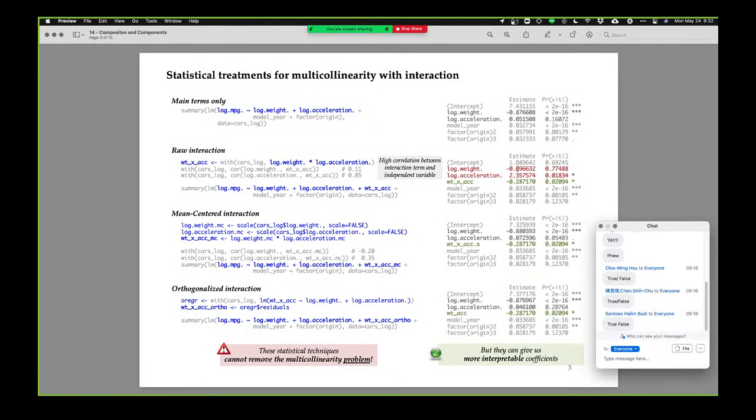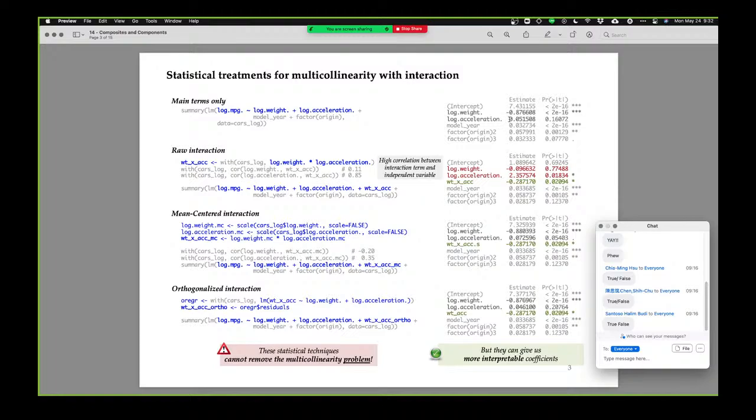But even the small correlation itself has produced a huge difference in terms of what has happened to weight. In fact, it's had a really big effect, even with a very small correlation with the interaction term.